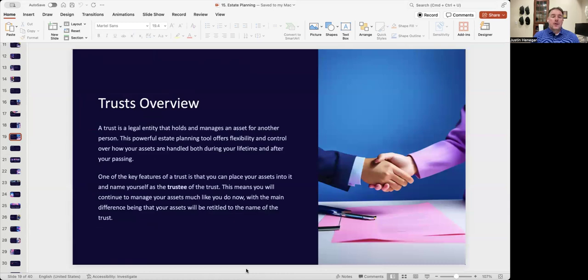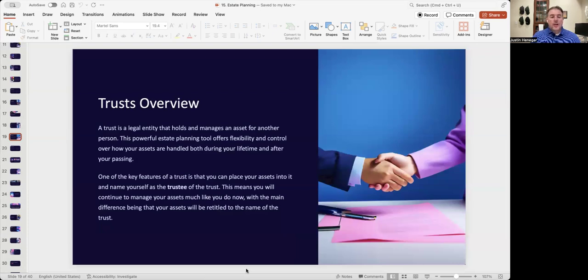Okay. Now, let's say you've started to realize that maybe you're getting some more assets and you want a little bit more control over their distribution. And more specifically, you don't necessarily want the assets to go in front of the court. You can actually develop and create a trust. A trust is a legal entity that holds and manages assets for an individual. Okay. And what is very neat about trusts is that they're very flexible.